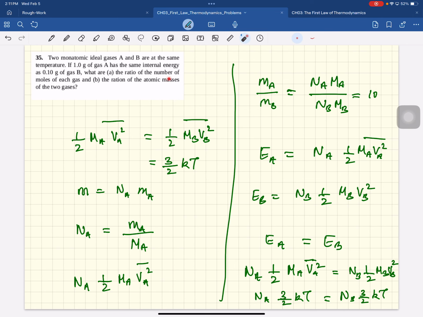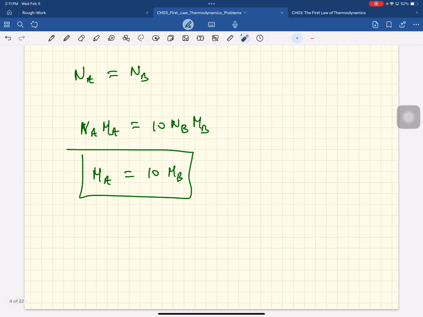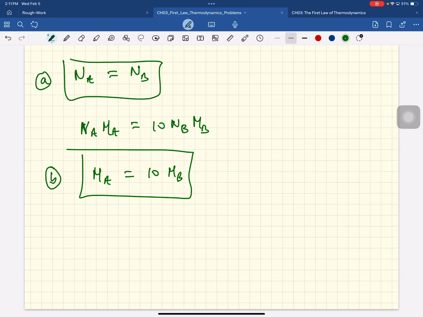The ratio of the number of moles of each gas and the ratio of the atomic masses of the two gases: the ratio of number of moles is 1, that is A, and this is B. So they are the same number of moles, and the mass is 10 times as great.